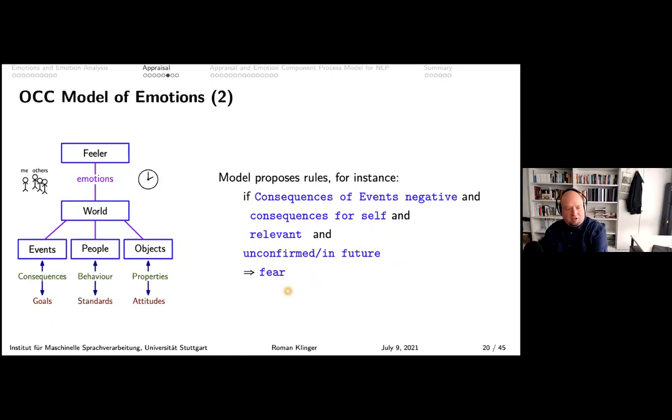Now, if it turns out that it's disconfirmed, doesn't happen, then I would develop relief because I know now that this bad event doesn't happen.